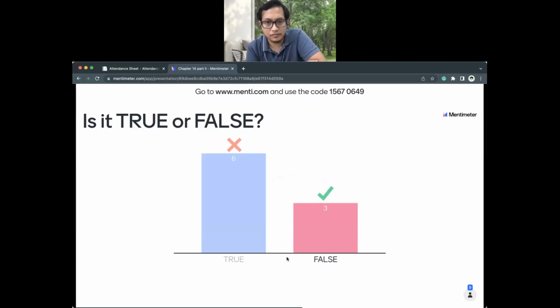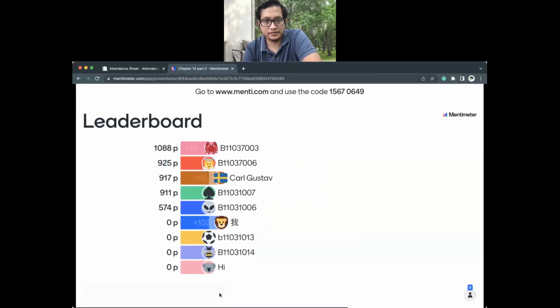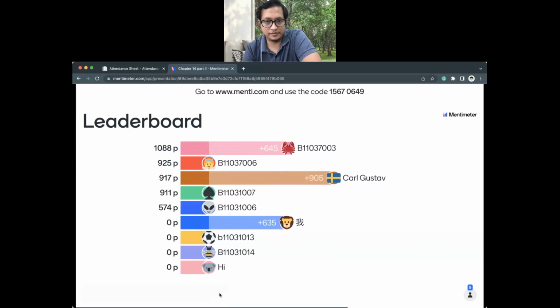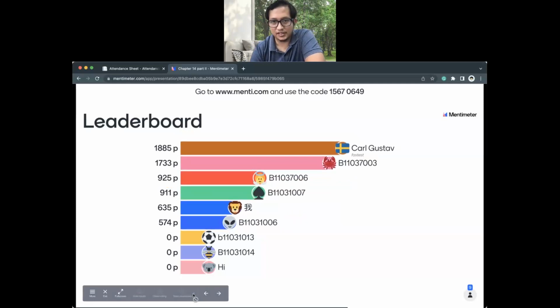It should be false. Remember, the gradient is a vector. It's not a scalar. So it is 0 and then 1 over 1. Okay, good, good.